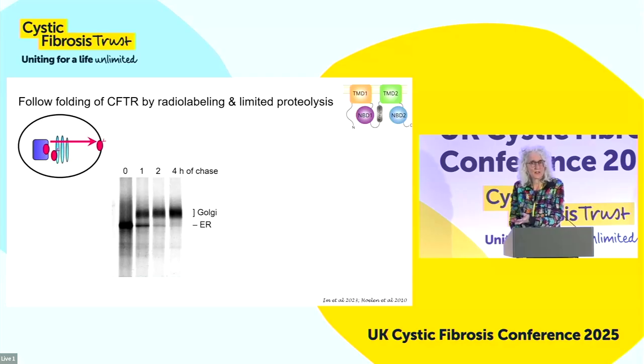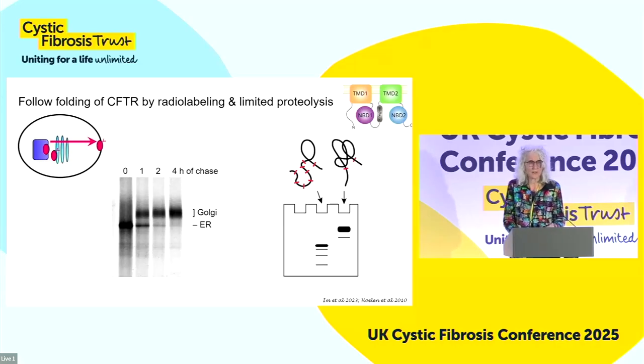Now this is great. We can follow it over time when it's going through the cell, but then we want to know, of course, what it looks like, because we found out that you first get domain folding, and then you get domain assembly. So what we do is use a technique that was pioneered in the field by Gergely Lukács and also Jack Reardon, but it was already basically from the 50s, limited proteolysis.